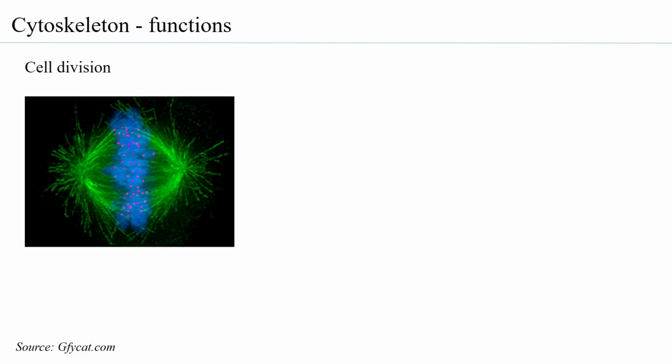When the cell is not dividing, you don't have the spindle fibers. But when the cell is going to divide, you suddenly have the spindle fibers being formed. Once the spindle fiber is formed, you have the spindle fibers again getting disassembled, because in a cell that is not dividing, you will not see the spindle fibers. So this is a complete indication of the fact that the cytoskeleton can assemble and disassemble.